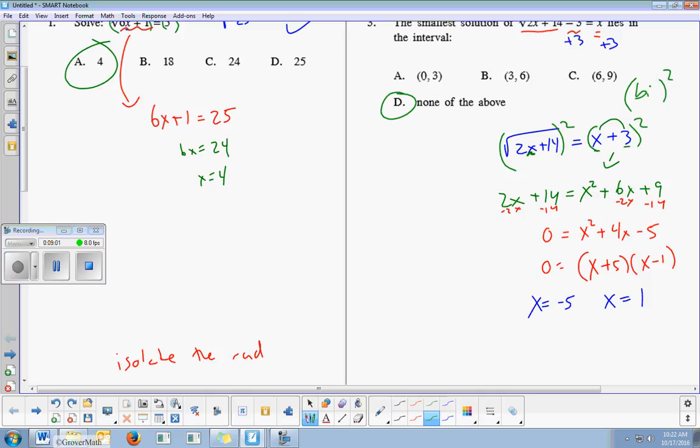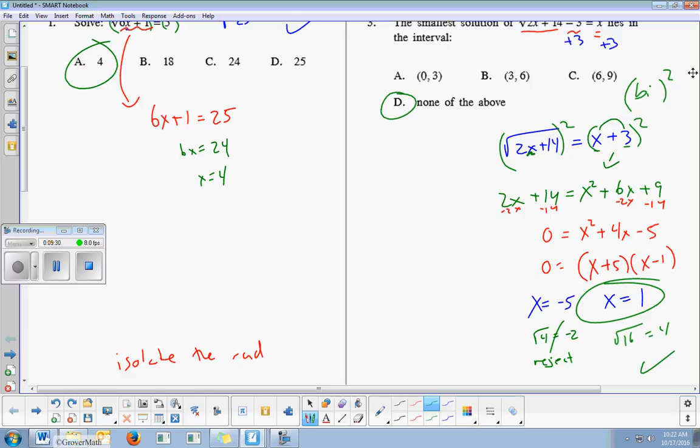So I end up with the square root of 4 equals negative 5 plus 3 is negative 2. And this is that case where a square root can't equal a negative, so this would reject. If I plug in a 1, I would get the square root of 2 times 1 is 2, plus 14 is 16, and 1 plus 3 is 4. So this would work. So the answer is x equals 1.